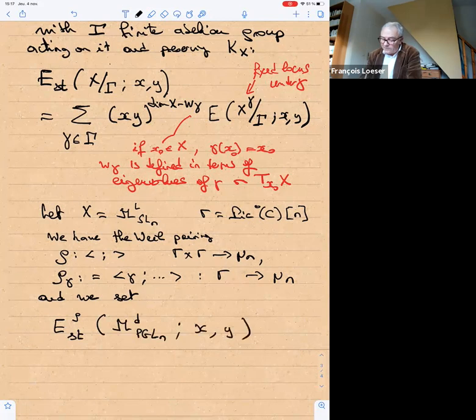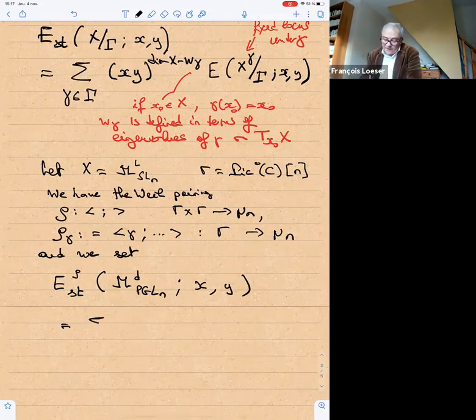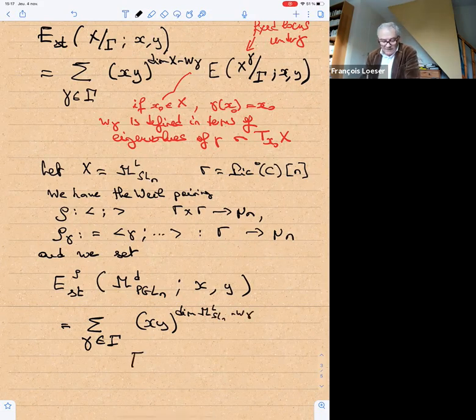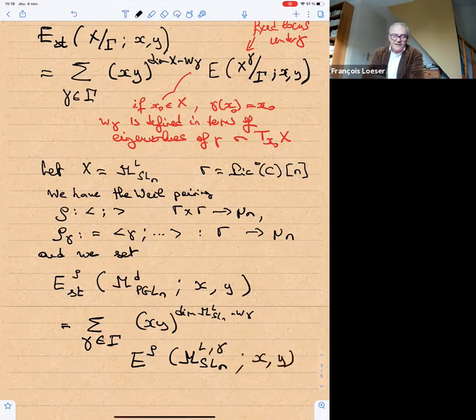And so there will be, for this quotient, okay, so it's stringy, so it's as before. And there will be something like that.